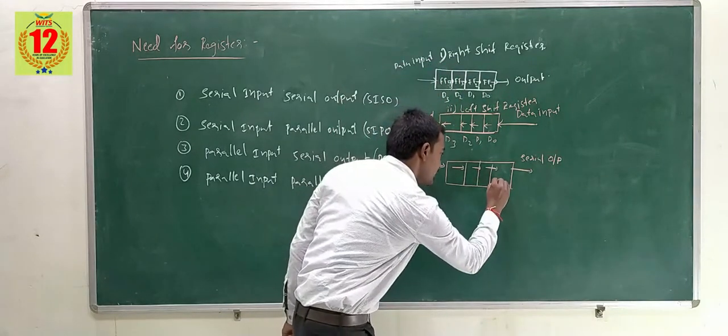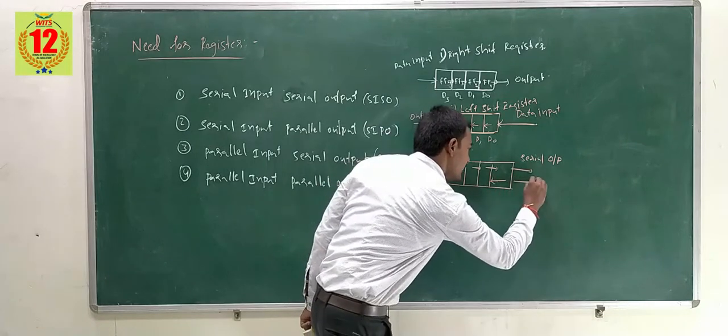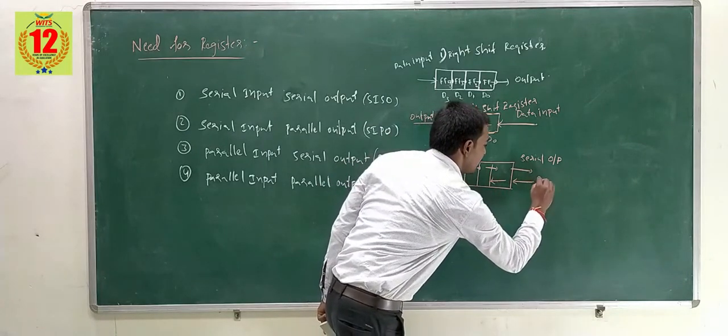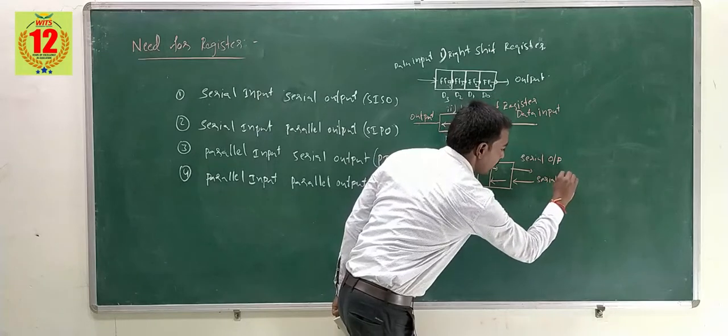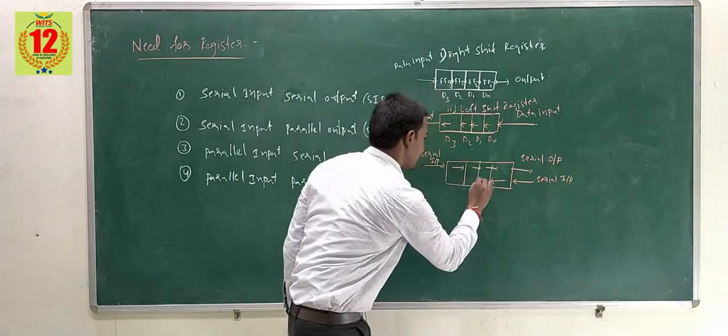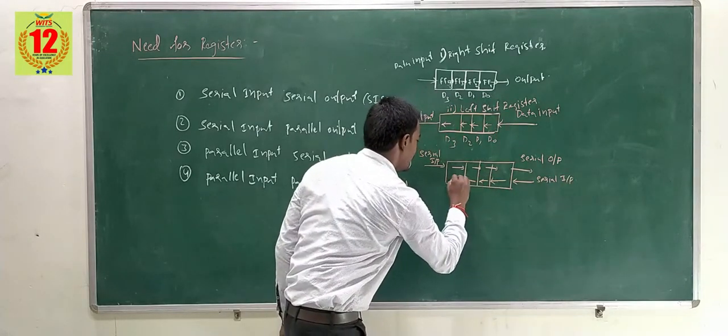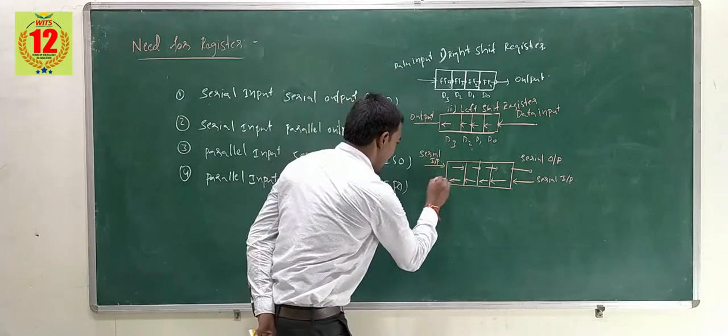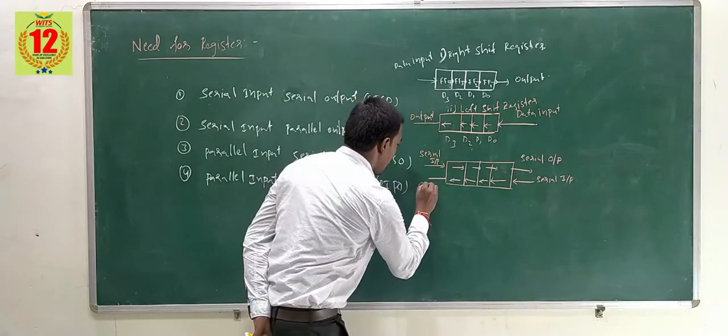And again, this register will be used as, here again I am giving the serial input, and this data is shifting to the left side, and here I am getting the output.